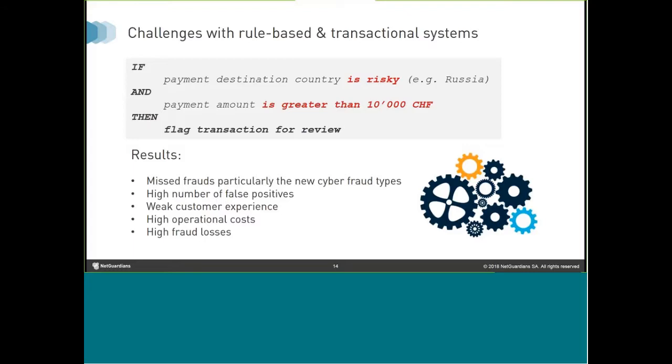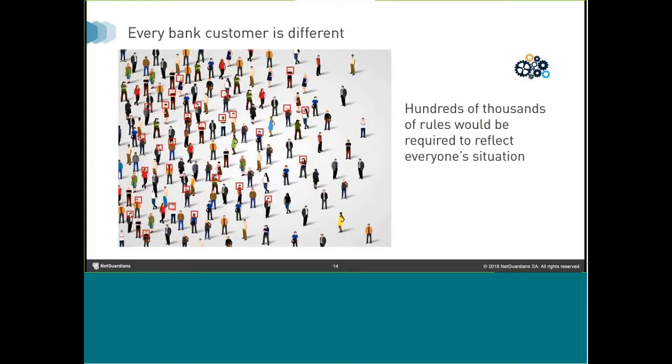Now, when you apply that rule and say, I'm looking at transactions above $10,000, what about the transactions below $10,000? You'll find that when you look at the transaction profile of your customers, most of them are doing transactions of $1,000, $2,000. So all those customers, you're not reviewing their transactions.